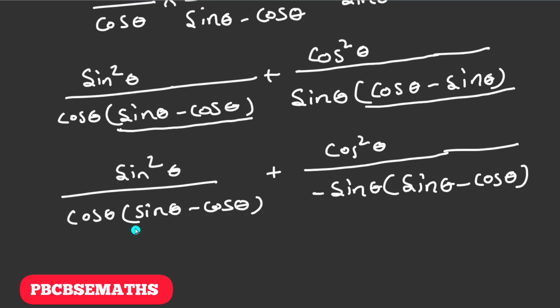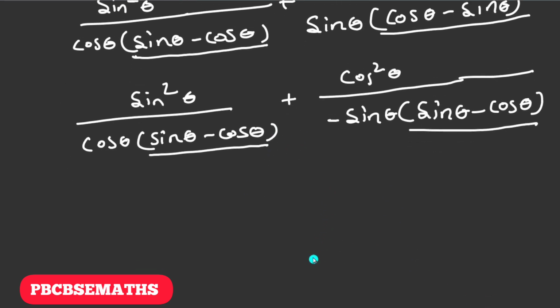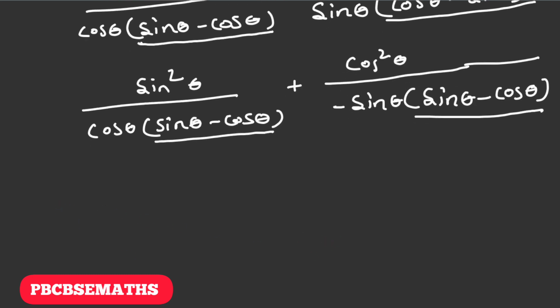Now we can factor out sin theta minus cos theta from these two terms in their denominator part. Then by factoring it out, we can write 1 by sin theta minus cos theta into bracket.